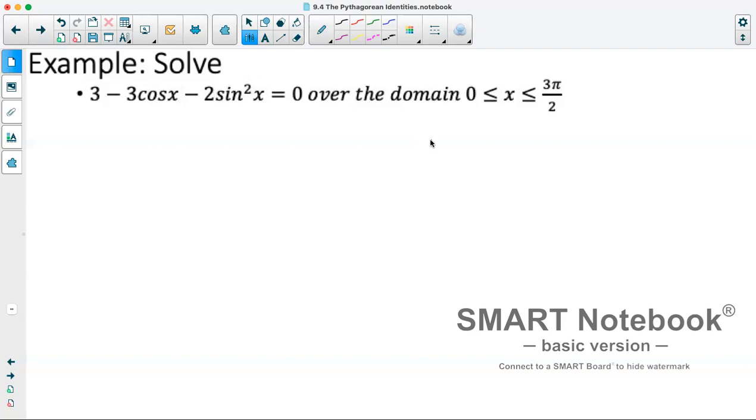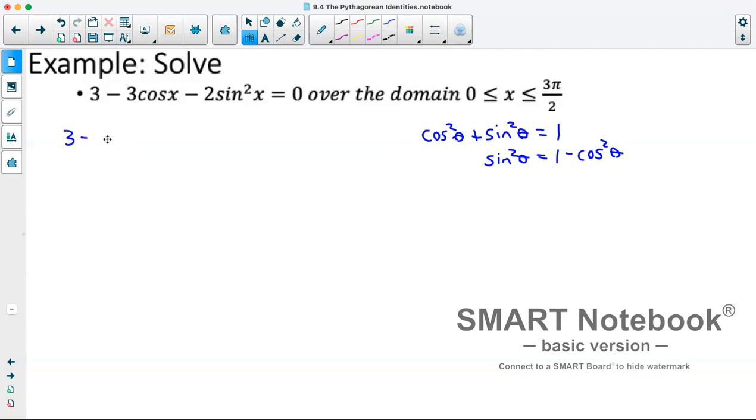So we know that cos squared theta plus sine squared theta is equal to 1. If we rearrange to get sine on its own, that gives us sine squared theta equals 1 minus cos squared theta. So we're going to substitute 1 minus cos squared in for our sine squared.